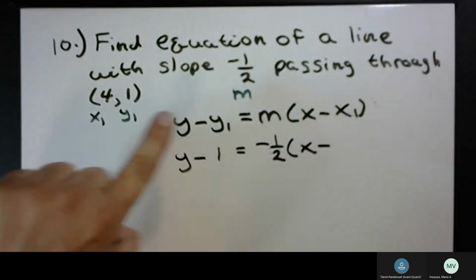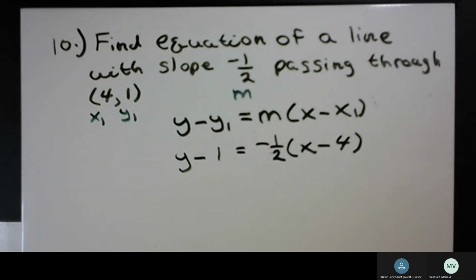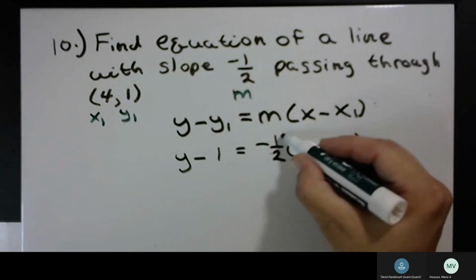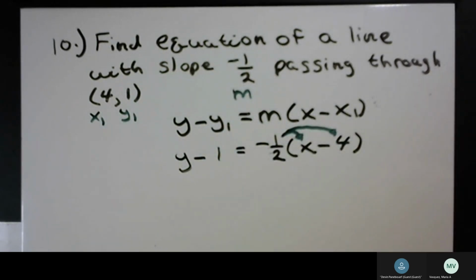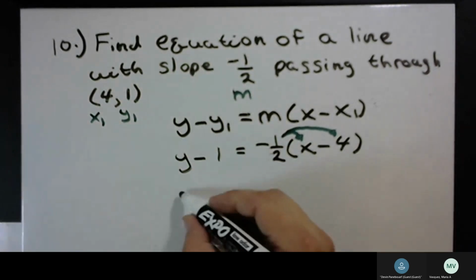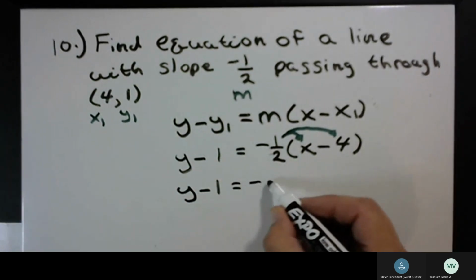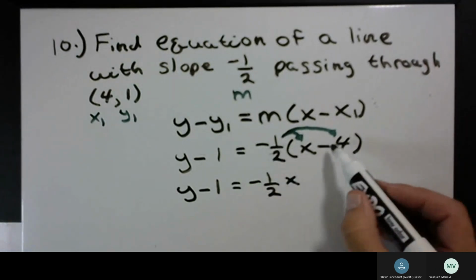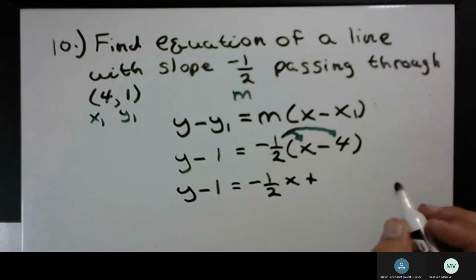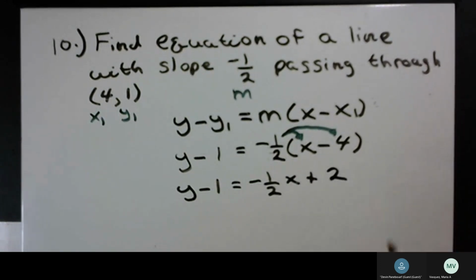And then x1 is going to be the 4. And then you're just going to solve for y. We'll distribute to get rid of these parentheses. And then negative and negative is positive. Then 1/2 times 4 is 2.